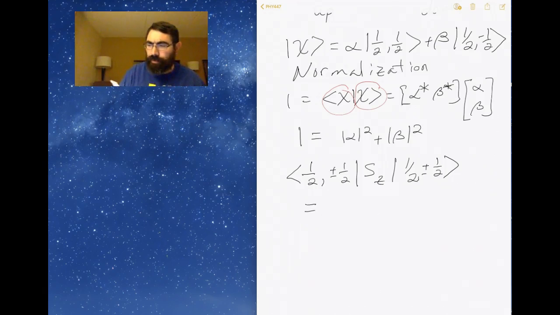And so when I operate with the spin projection operator on these states, I'm going to either pull out the 1/2 or I'm going to pull out the minus 1/2. And so the eigenvalue is either plus or minus h bar over 2.